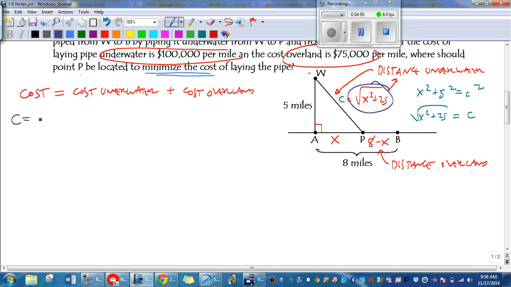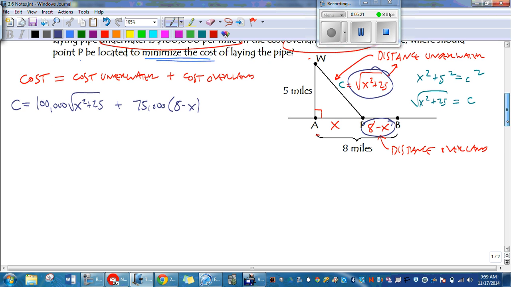So our cost is going to be 100,000 times the square root of X squared plus 25, plus the cost over land, which is $75,000 per mile, so we multiply that by the number of miles. That's right here. That 8 minus X is the distance above ground. All right, so now we have our equation C in terms of just one variable, X.